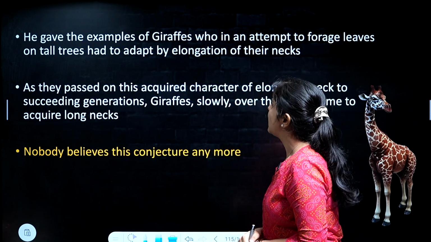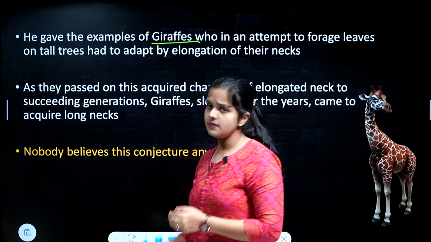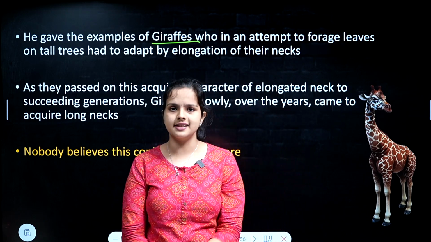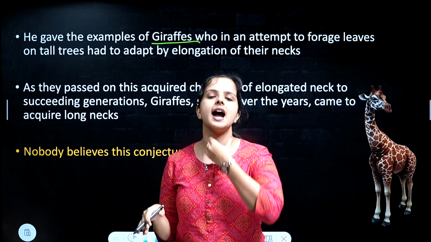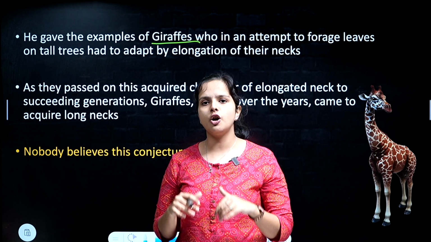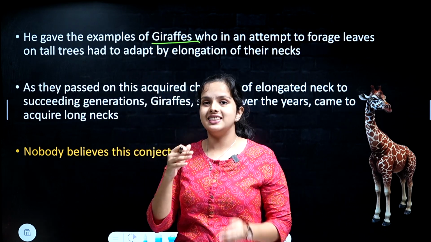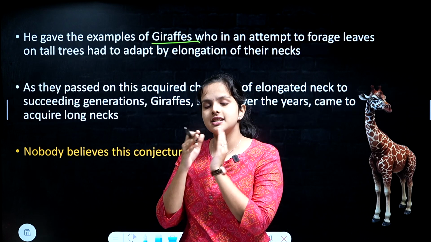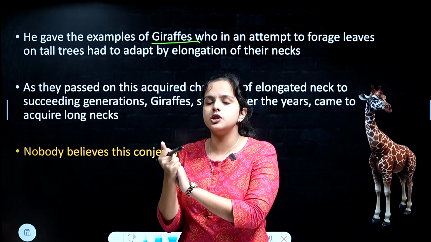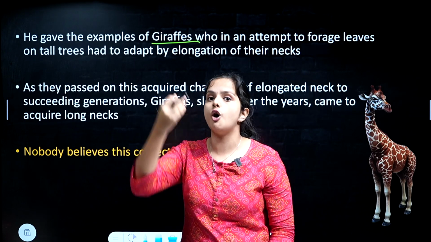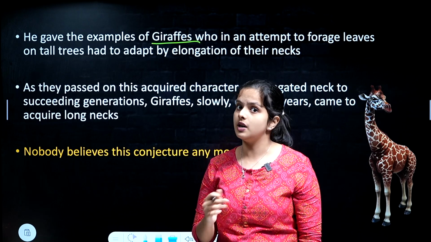He said that in the earlier days, giraffes were small. I mean, they had a small neck. But later on, as they had to reach up to the tree to eat leaves, their genes transferred, and they developed into an organism with long necks. That's what Lamarck said.